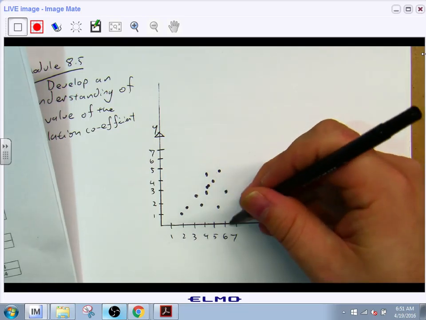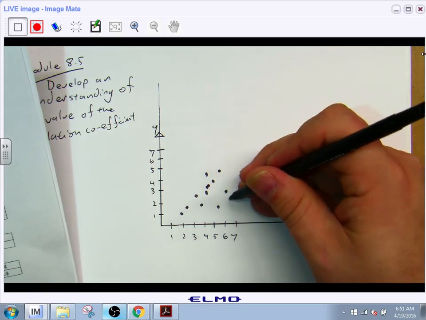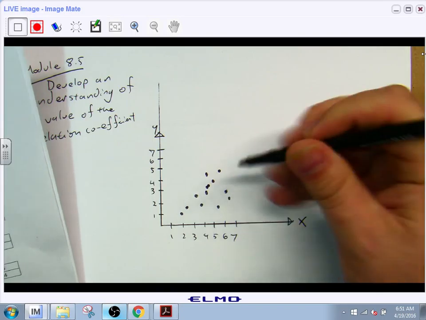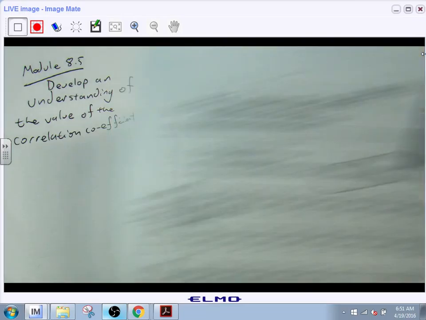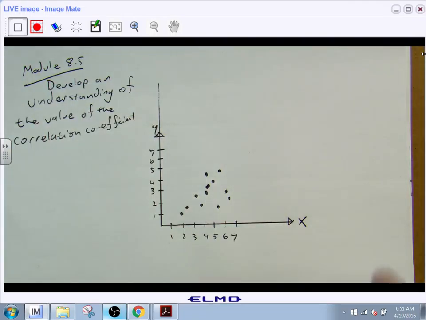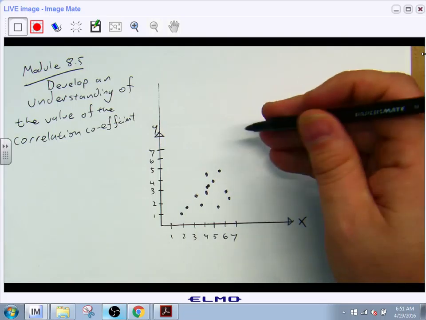And 6.4 and 2.3. Go ahead and pause the video if you need to give everyone time to create their own. I'll stop talking for a second so you can do that.